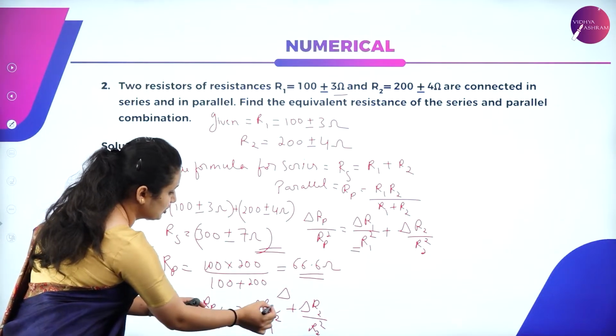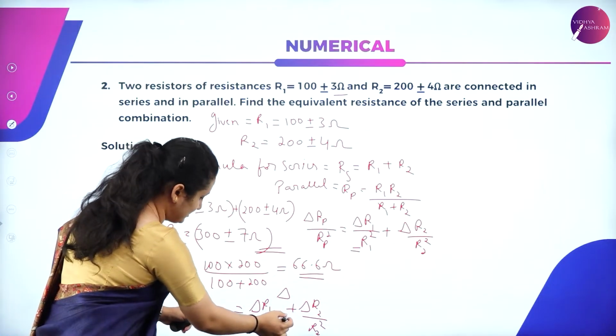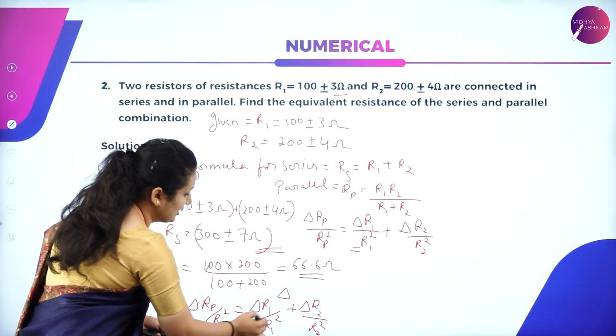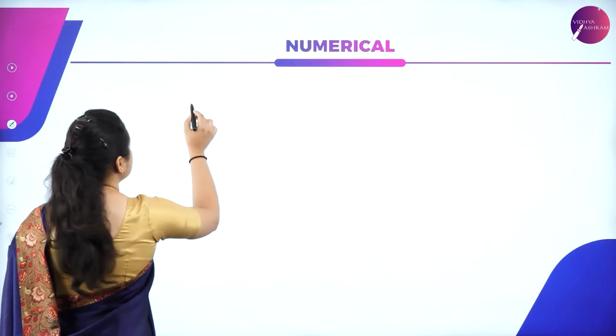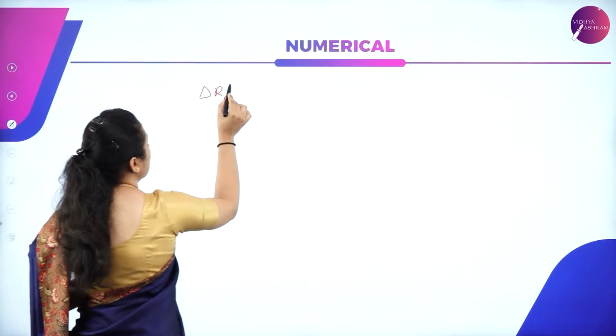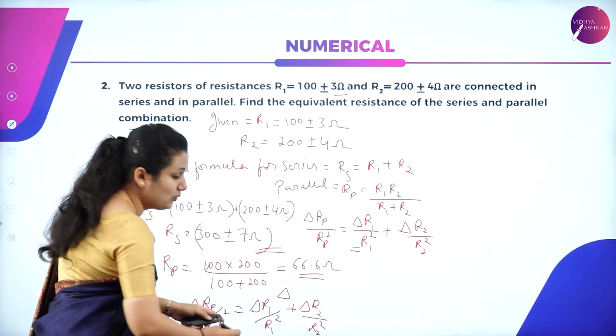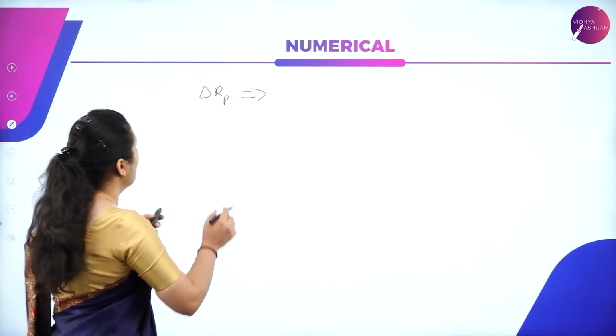To calculate error in parallel combination, you introduce this term. So take this term to that side. Take this term which is there in the denominator to RHS. So square is there, it will become whole square. We'll write it here. So it will become delta Rp is equal to, you can see here, when you take this term to that side, what will happen now?